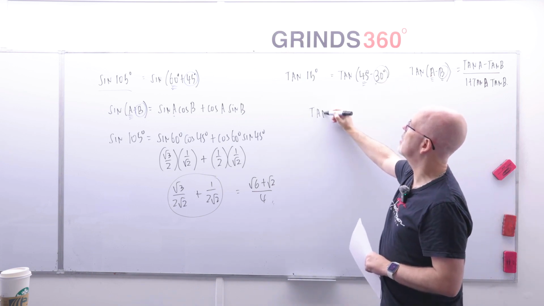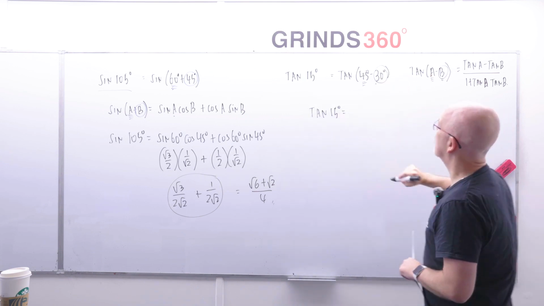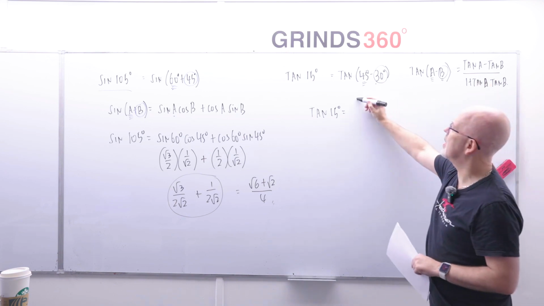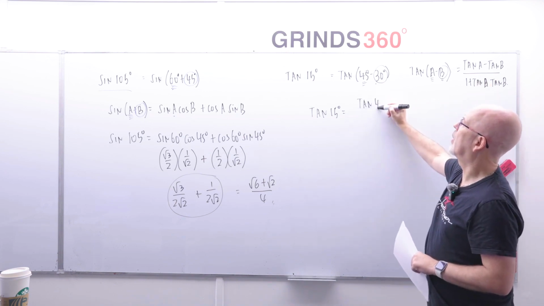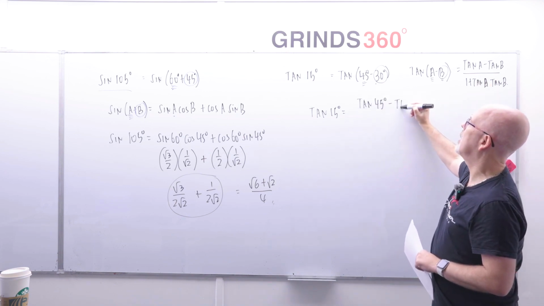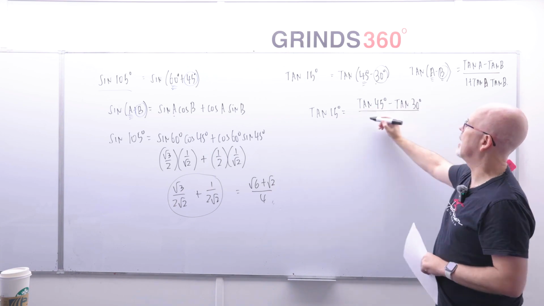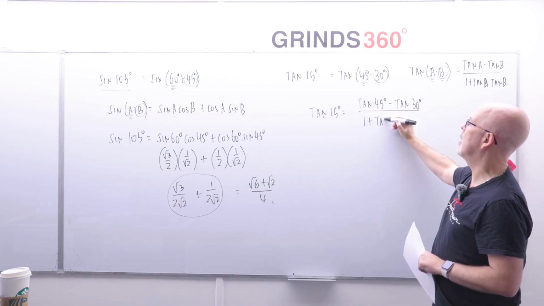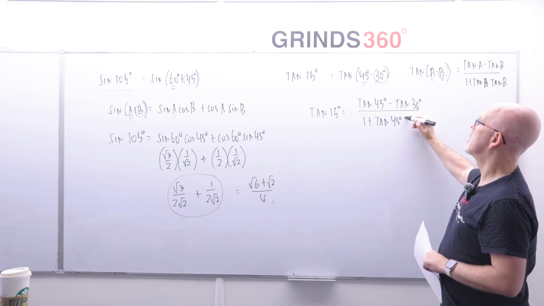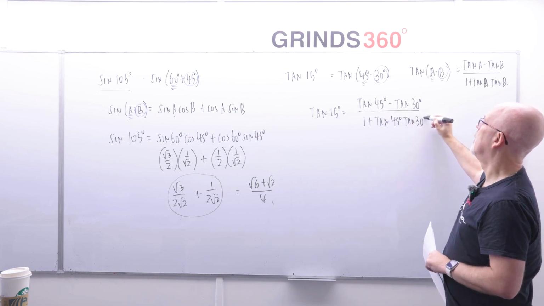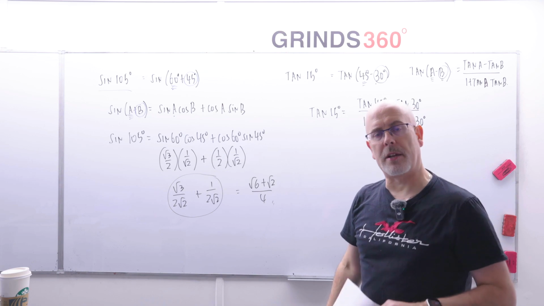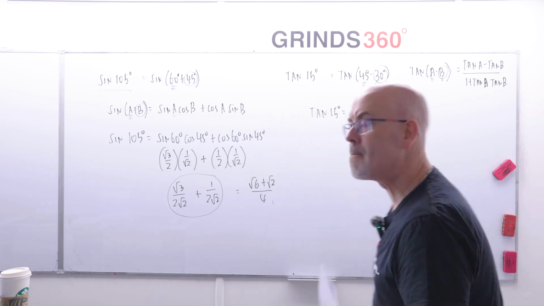So tan of 15 degrees then, it's going to be tan A, which is 45 degrees, minus tan B, minus tan 30 degrees, over 1 plus tan A tan B, 1 plus tan 45 degrees, times tan 30 degrees. And I can just pull those out of my calculator and then simplify from there.